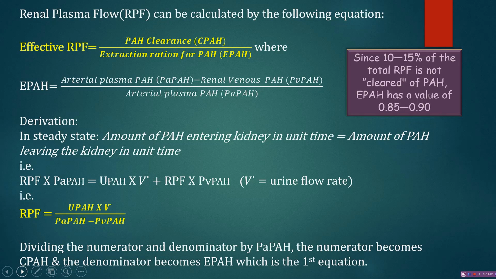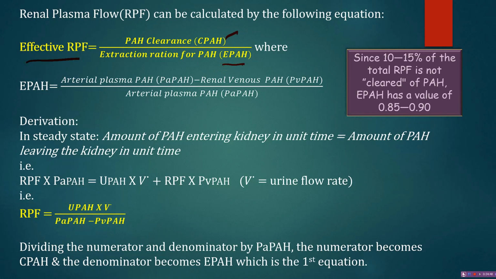Now, what we are deriving from this is the effective renal plasma flow. The derivation of the formula by PAH clearance: the effective RPF equals the PAH clearance, CPAH, by the extraction ratio for PAH, EPAH.